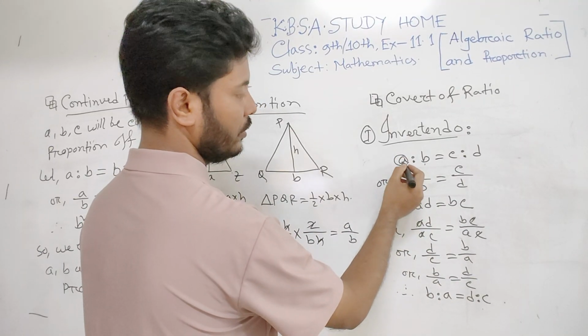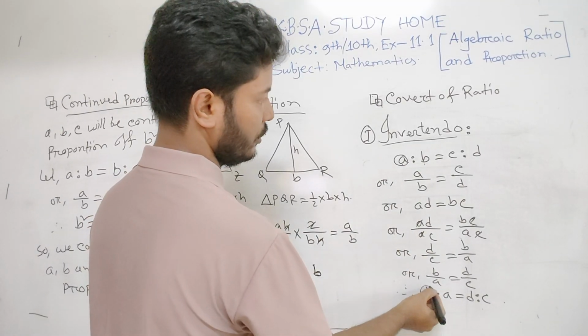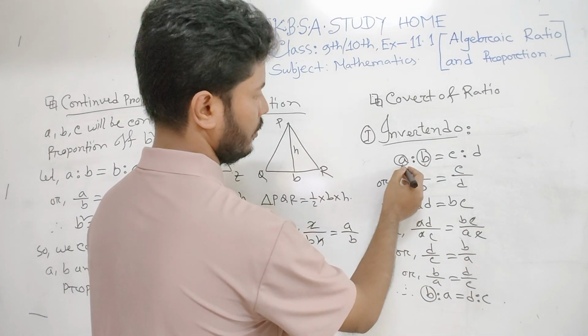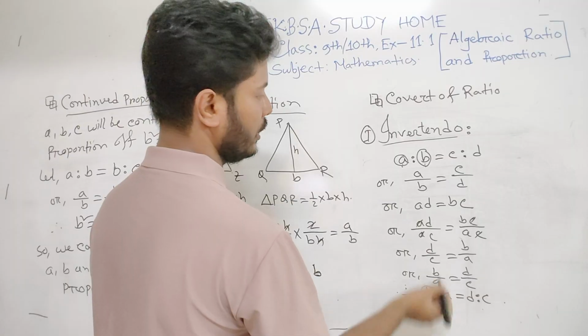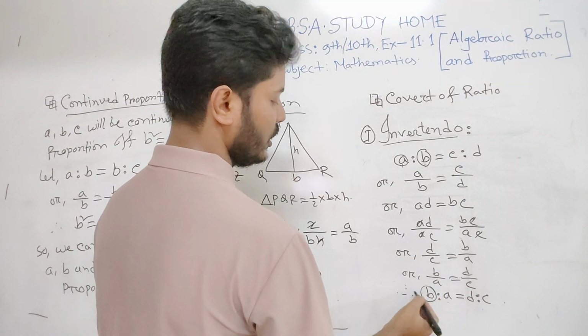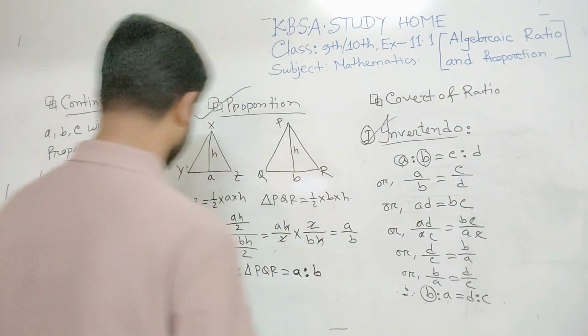You can see here A was antecedent, B is consequent, okay? Consequent becomes antecedent, antecedent becomes consequent. This system is called invertendo.